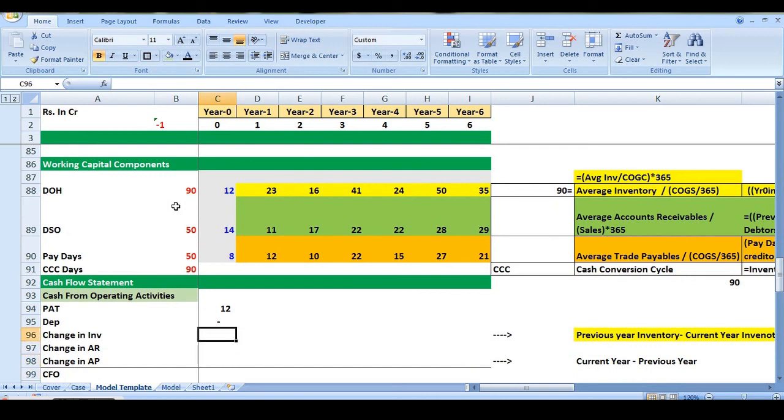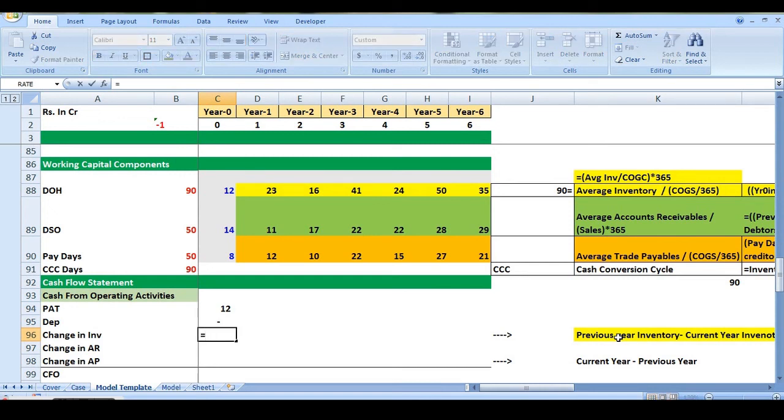Next comes change in working capital. In this case there are three components of working capital: inventory, accounts receivables and accounts payable. Whenever you are trying to find out the change in current asset, you should calculate it as previous year's current asset minus current year's current asset to find out the positive answer.